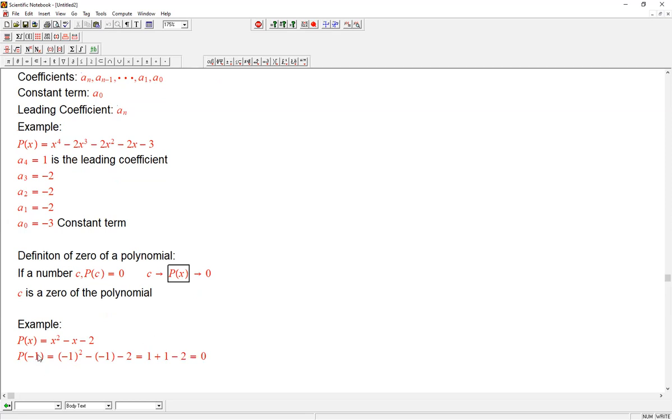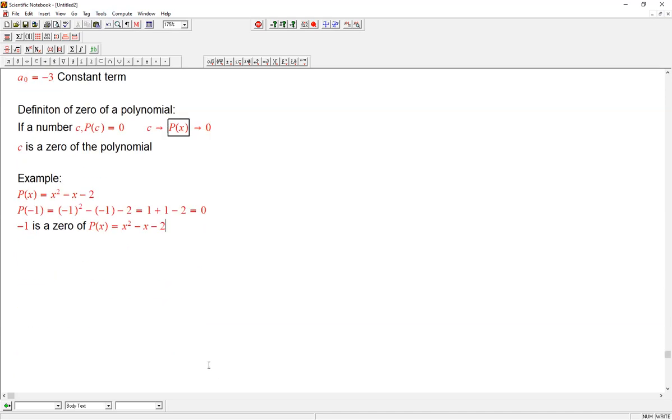So the input -1 makes the polynomial's output value equal to 0. Then we say -1 is a zero of this particular polynomial. So that's the definition of a zero of a polynomial.